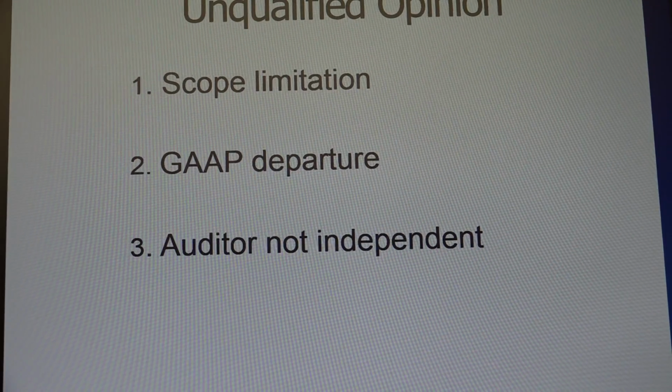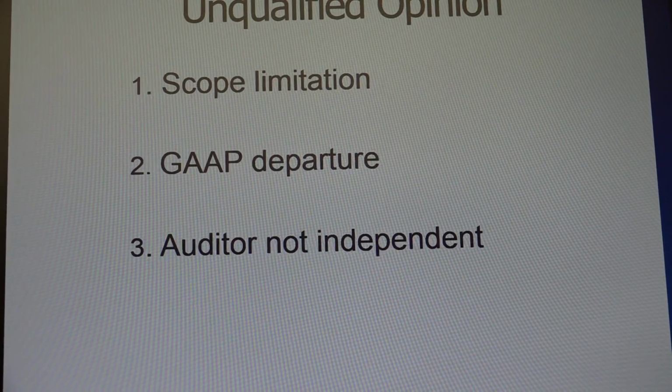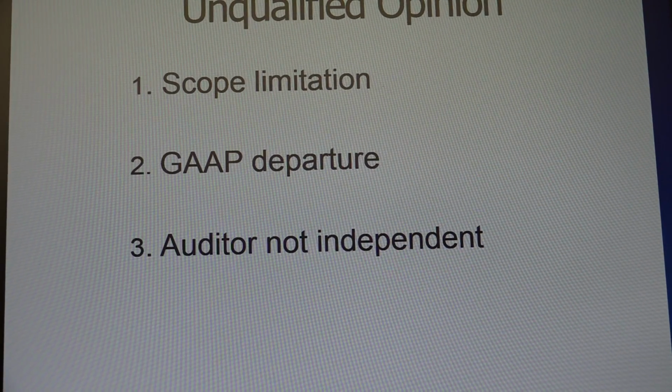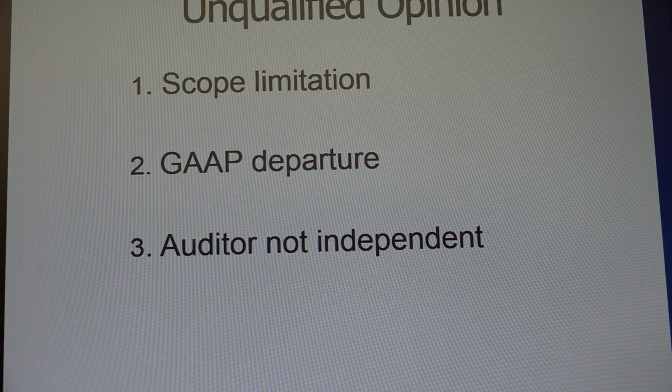And so you can have a departure from an unqualified opinion in three instances. First, where there's a scope limitation. Second, where there's a departure from GAAP. And third, where the auditor is not independent.